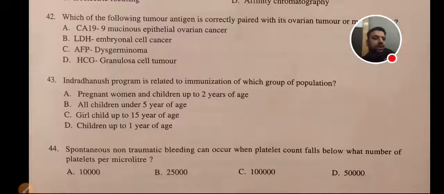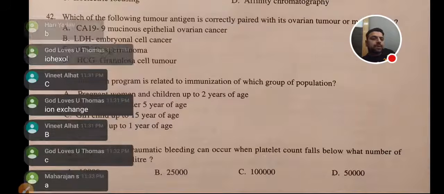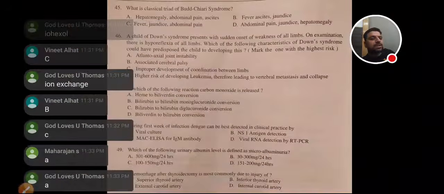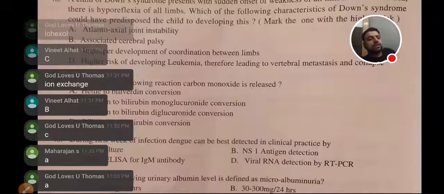Spontaneous non-traumatic bleeding can occur when the platelet count falls below the number of, A, 10,000. Below 10,000 there is an increased chance of bleeding.